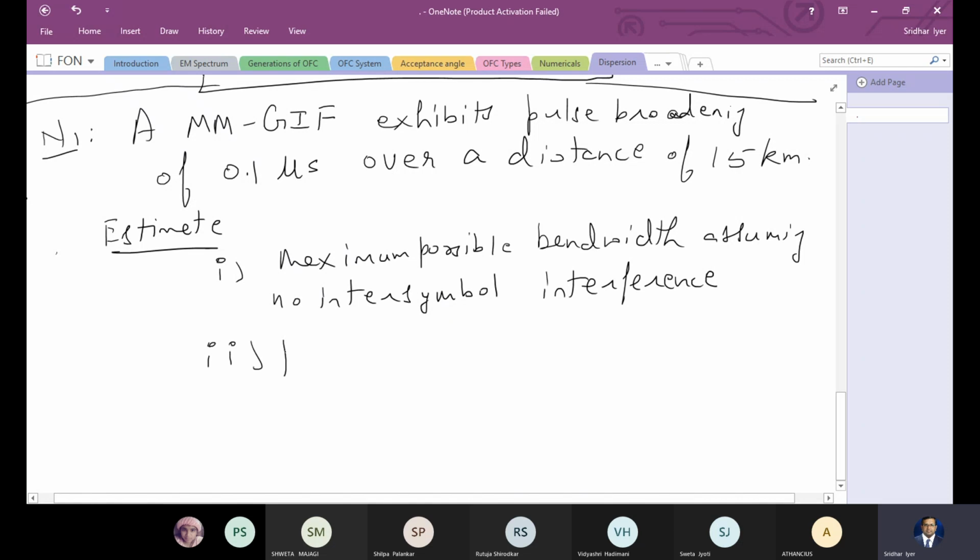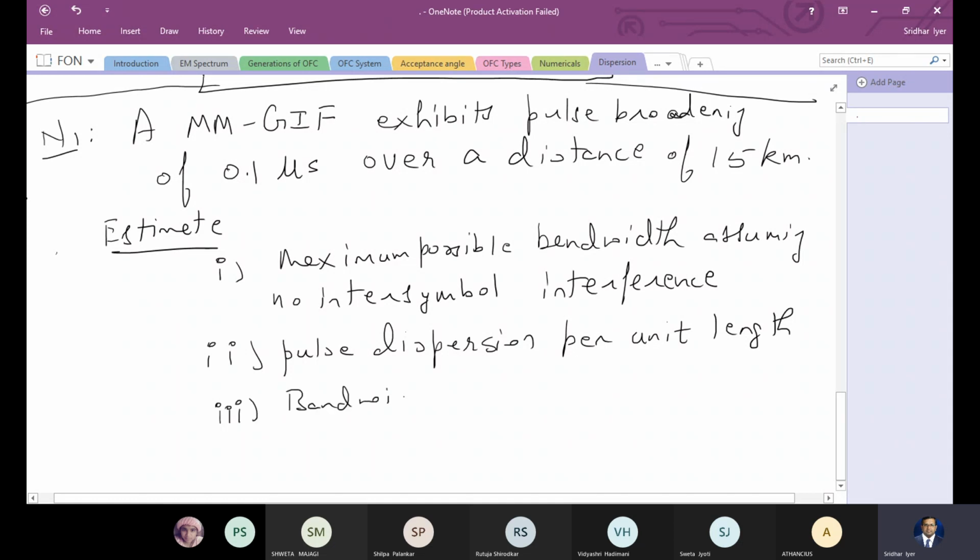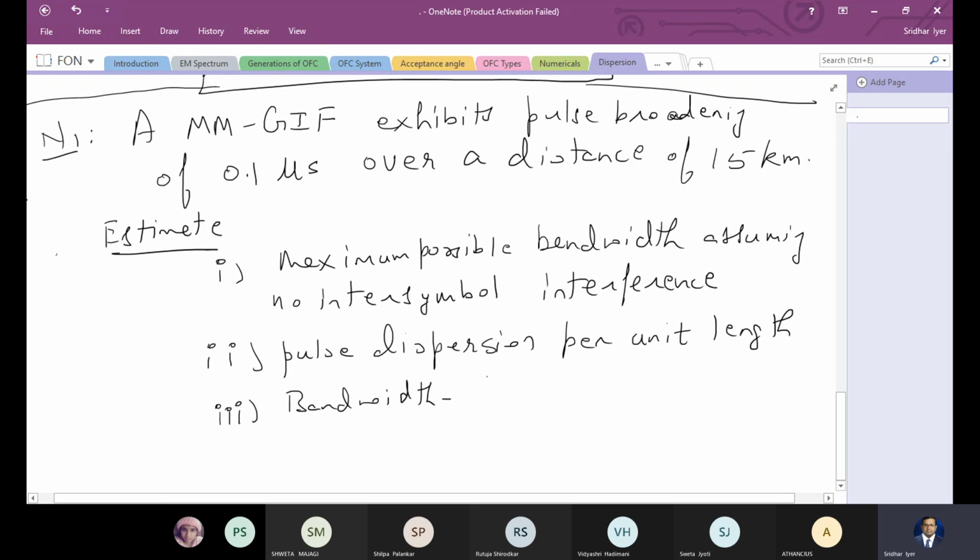Second, the pulse dispersion per unit length. And third, the bandwidth length product.